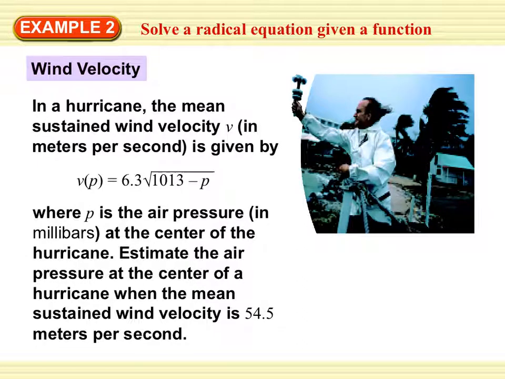All right, wind velocity. In a hurricane, the mean sustained wind velocity V in meters per second is given by that equation, where P is the air pressure in millibars at the center of the hurricane. Estimate the air pressure at the center of a hurricane when the mean sustained wind velocity is 54.5 meters per second.